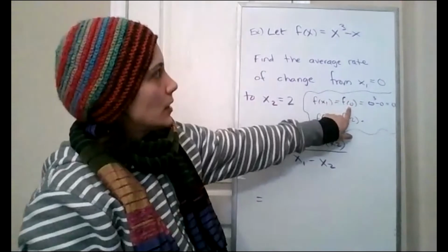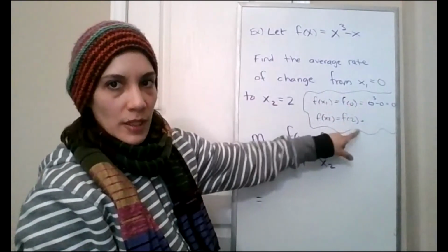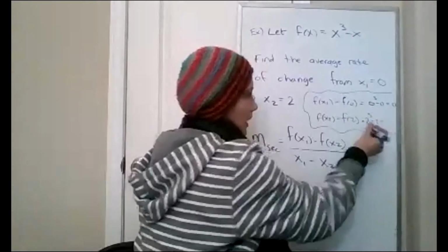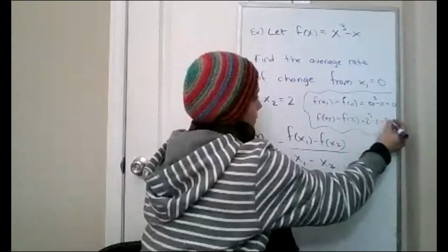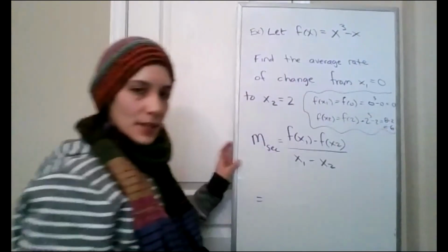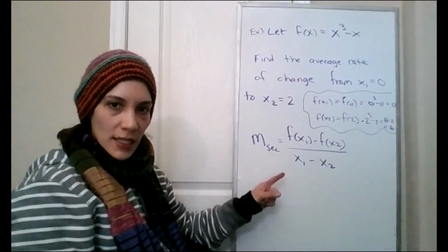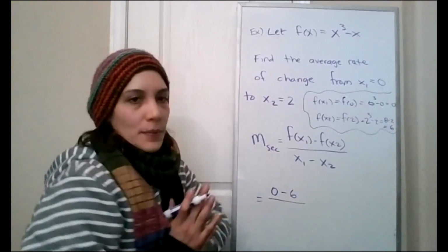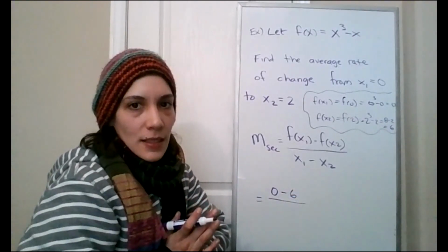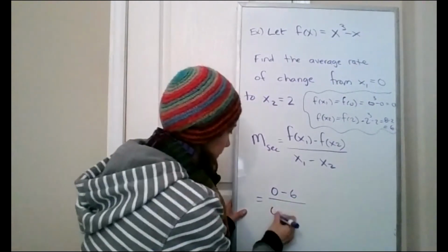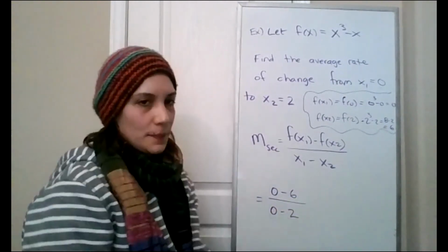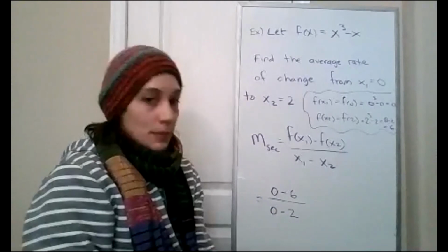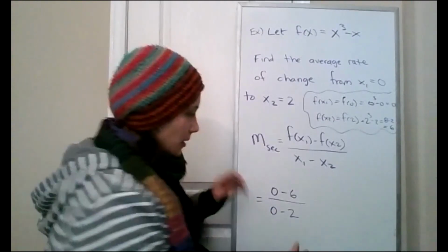Okay. 0 cubed minus 0 is 0. 2 cubed minus 2, we've got 8 minus 2. So I'm going to have a 0 minus 6 in the numerator, and then 0 minus 2 in the denominator. Okay. And a negative over a negative makes a positive. 3.